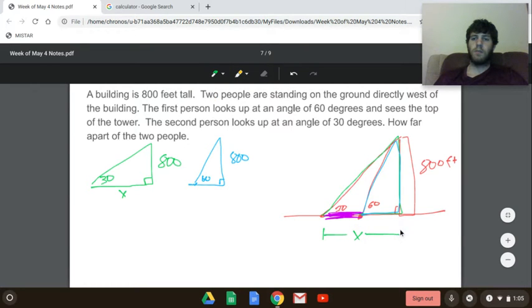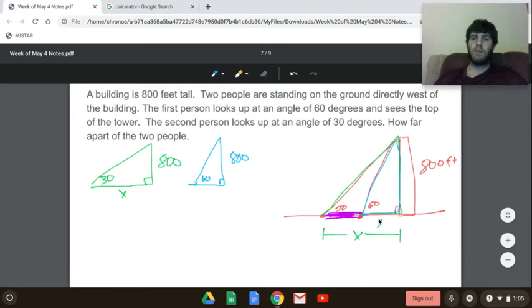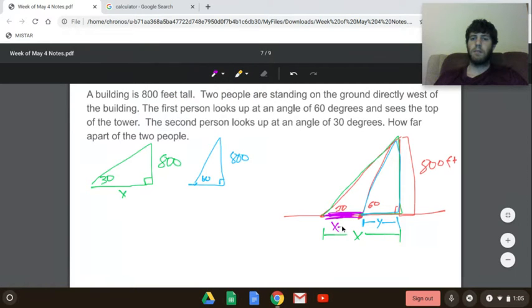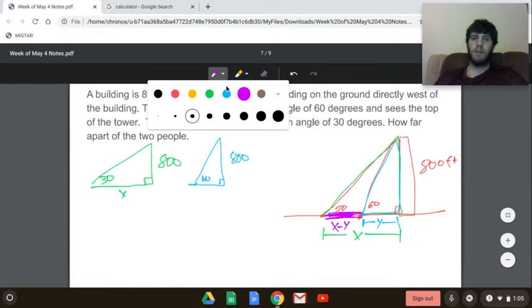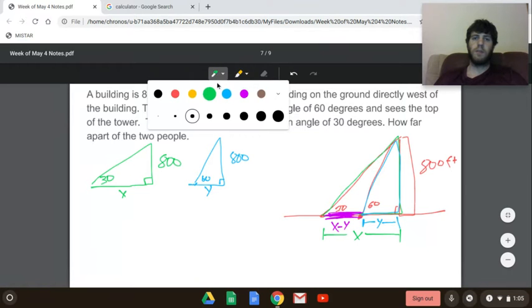This is the distance we're looking for, and it is going to be x minus y. So we need to find whatever x is, subtract y, and that's going to be our missing piece.